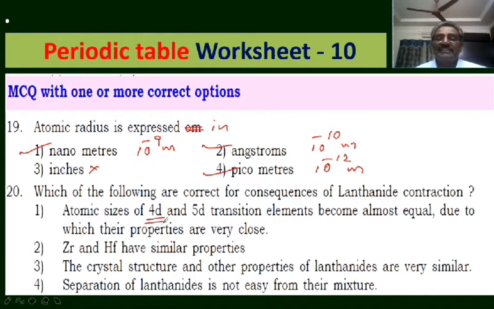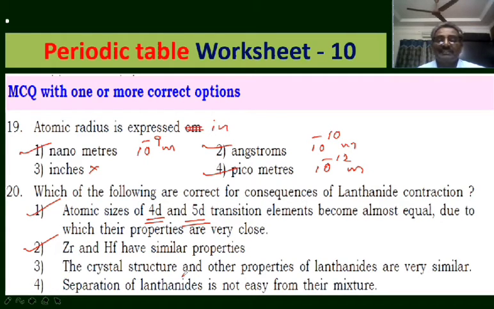The 4d series elements and 5d series elements are almost equal in size due to lanthanide contraction. So this is one of the right options. Zirconium and hafnium have similar properties due to lanthanide contraction. This is also right.